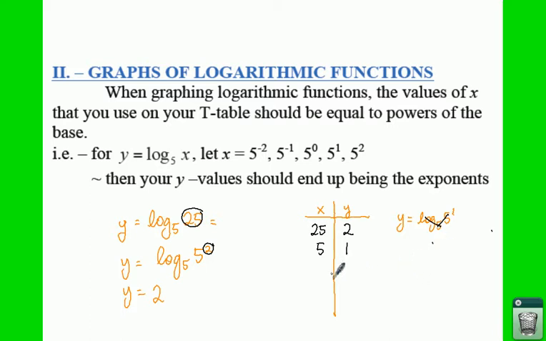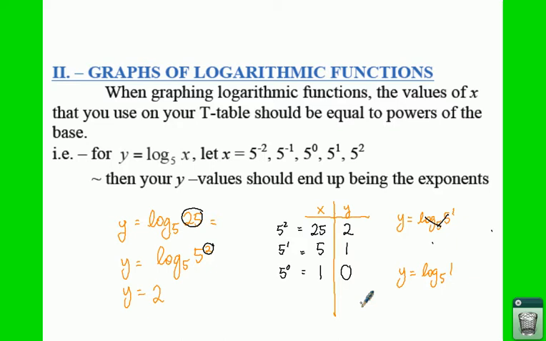And then you'd plug in 5 to the 0. 25 is 5 squared, 5 is 5 to the first, and we need 5 to the 0 power, which is just 1. If you plug in a 1 for your x, y equals log base 5 of 1, which equals 0.